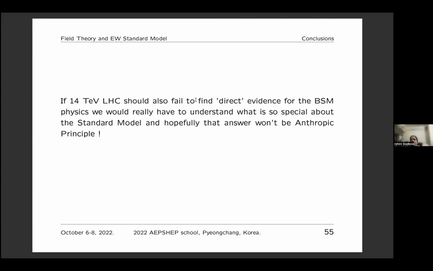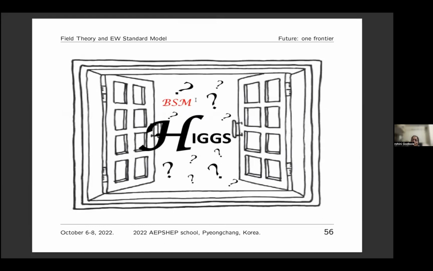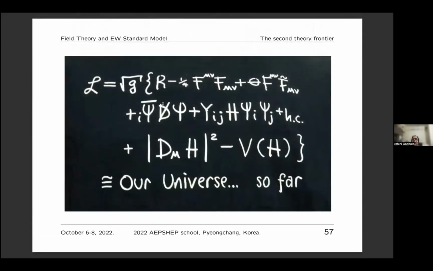And we really hope that the answer won't be anthropic principles. So it is this window of the Higgs and the top that we are going to look through at the BSM land.